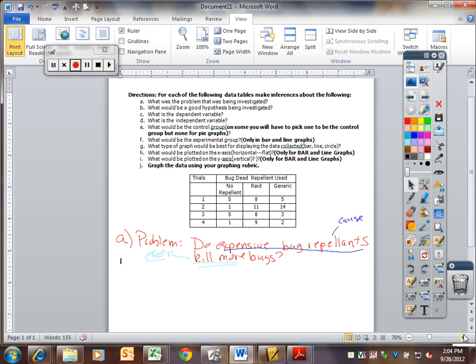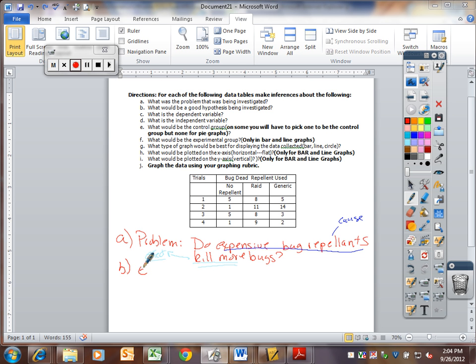I'm going to try to make it a little bit smaller, but B would be, oops, B is we make a hypothesis statement. So all we do is we take our problem statement and we turn it into just a regular statement in cause and effect.